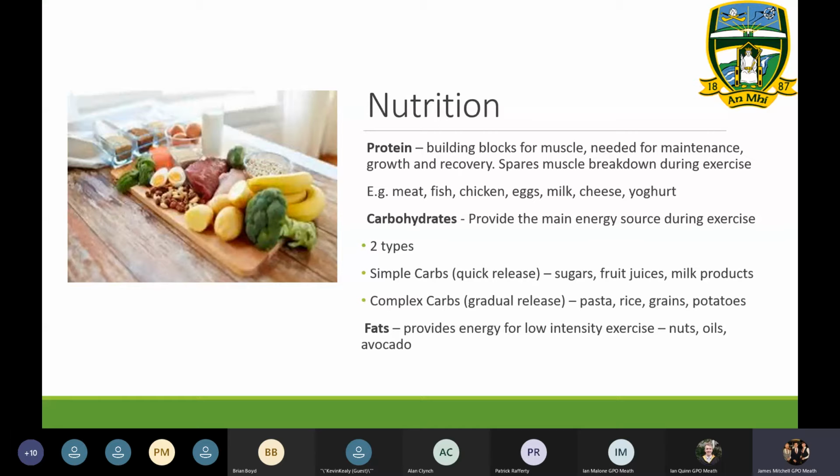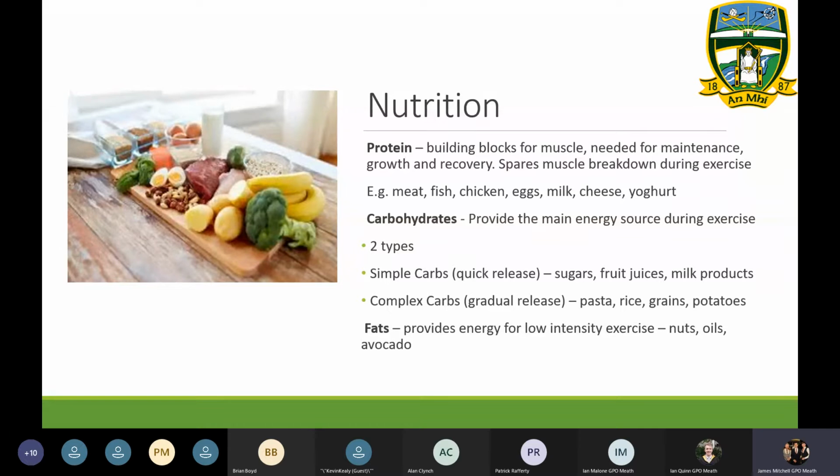Okay, so I'll go into a little bit of information behind nutrition. I'll go through some of our macronutrients that we have here. This is probably as detailed as we're going to get into it, but it's important to have a little bit of an understanding of these. So the first one I have there is protein. We see the examples below. Sources of protein are your meat, fish, chicken, eggs, and dairy products, and the reason they're important is they're the building blocks for muscle.